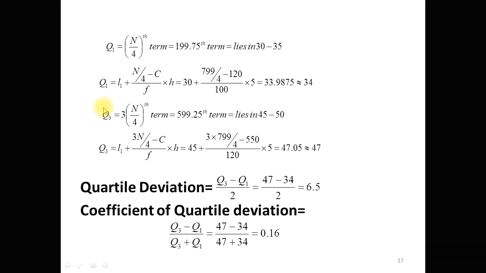And this formula we have already learned about the quartile deviation in grouped data, that we can find the quartile by using this formula. L1 means the lower limit of the class in which the quartile lies. So Q1 lies in this class, so the lower limit of this class is 30, and n by 4 is the position. So 799 divided by 4 minus the one step previous cumulative frequency for this class, which is 120.